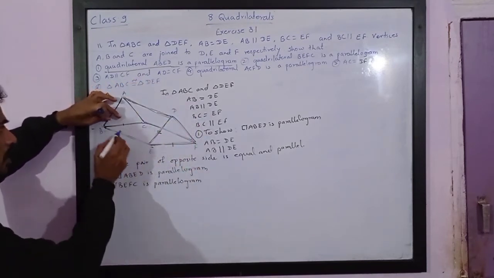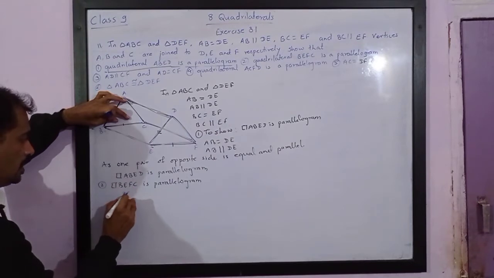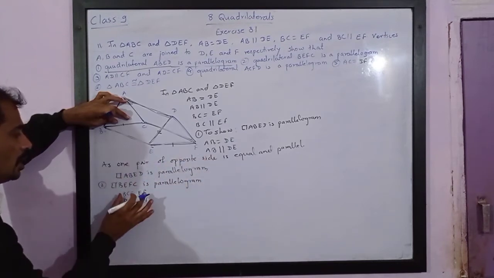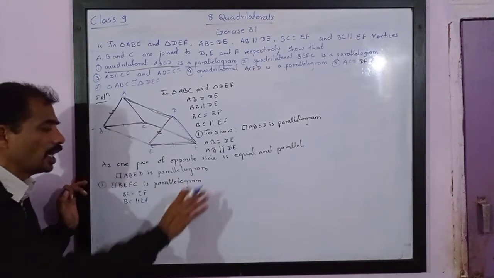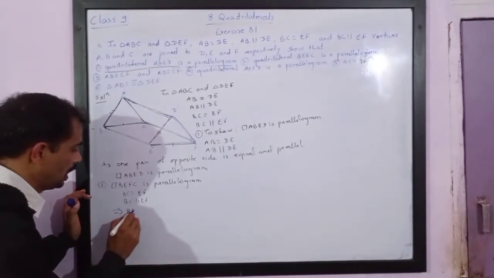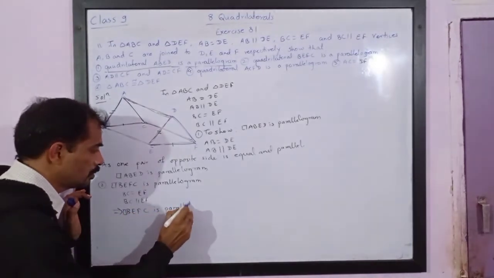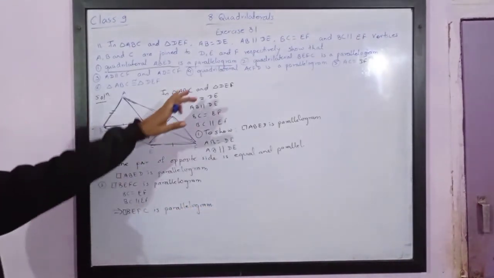In this also we have BC equals EF and BC is parallel to EF. Same theorem: if one pair of opposite sides is equal and parallel, then we can call that quadrilateral a parallelogram. Implies quadrilateral BEFC is a parallelogram. So second part is also proved.